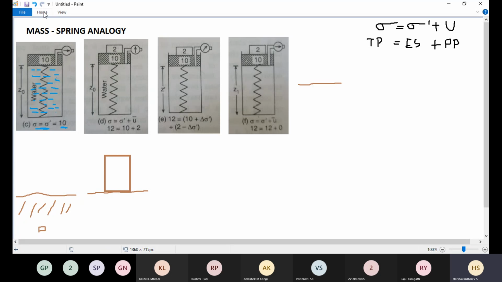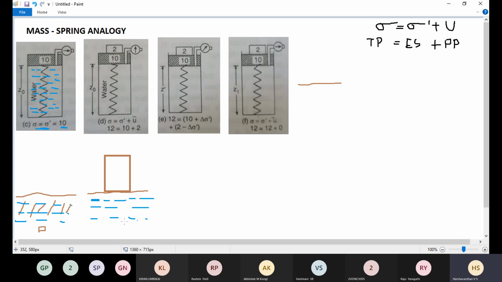This extra load is initially carried by the water that is present in the soil.